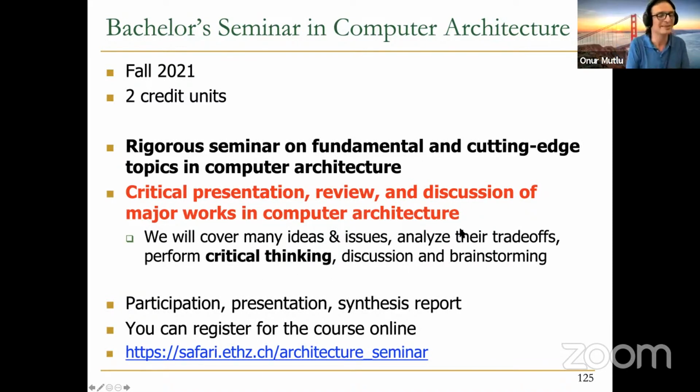You have to read and analyze the one you're presenting in a very detailed way. And there's participation, presentation, and a synthesis report, and you can also register for the course online if you're interested. I'd recommend taking it if you're excited about it, because you have the background to do it right now, because you have a basic computer architecture course right now.